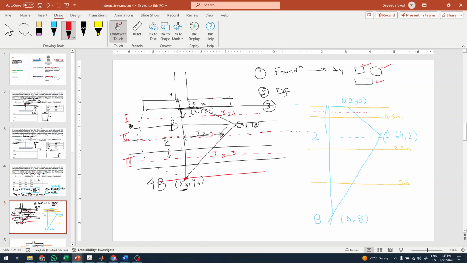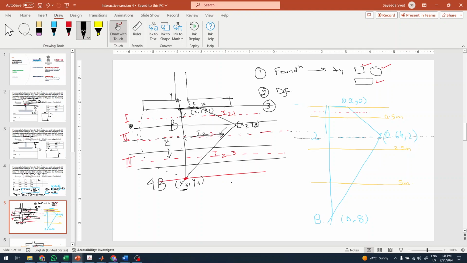Let us do one thing. Let us hypothetically divide this layer here also. If we take the center of this layer, it will become an average of these two interpolations. It will be the same thing, but just for showing, let us divide this layer here also.